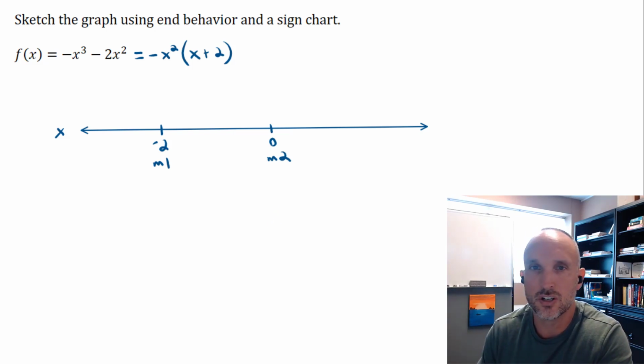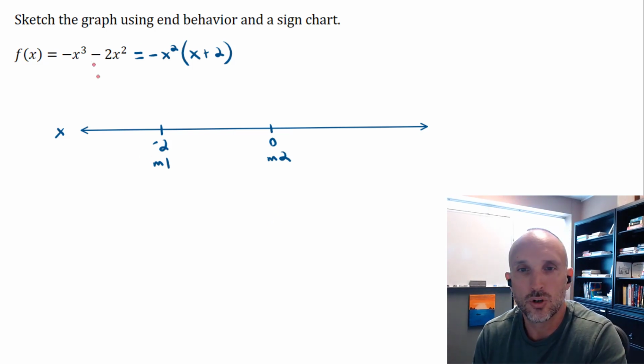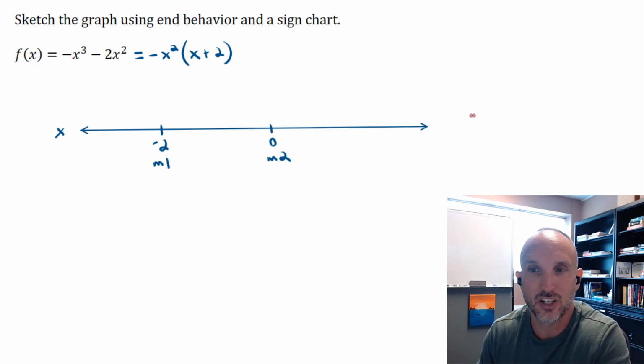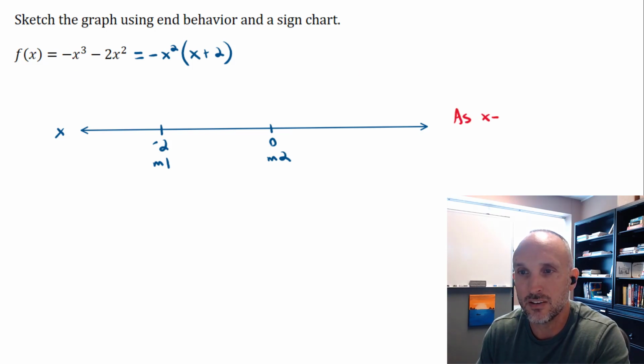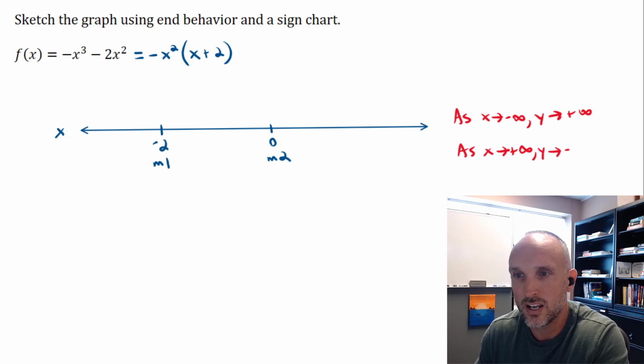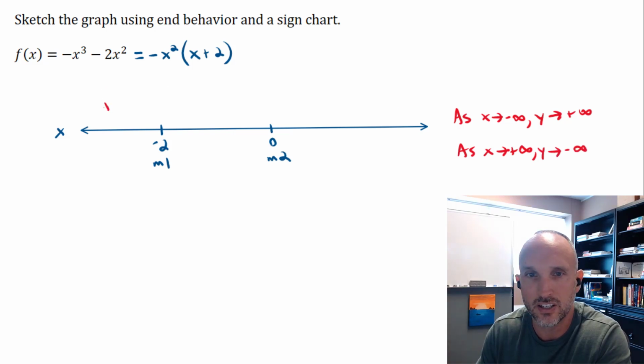And you can use your calculator or the leading term of -x cubed to see your end behavior. As x goes to negative infinity, y goes to positive infinity. And as x goes to positive infinity, y goes to negative infinity.